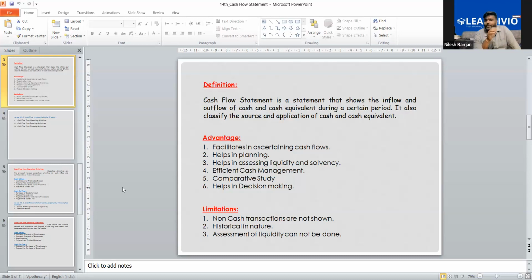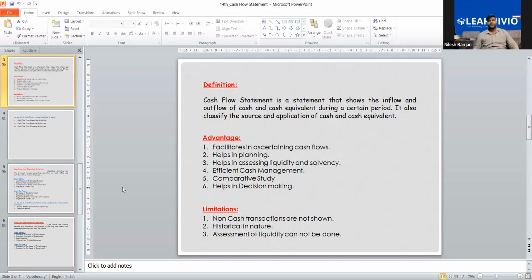If we are writing all expenses and income, then we can easily find out where the money is coming from or going, and it will help to control these expenses and income. So, efficient cash management.